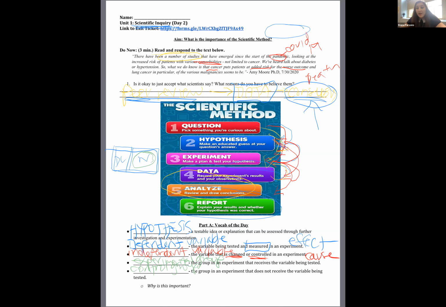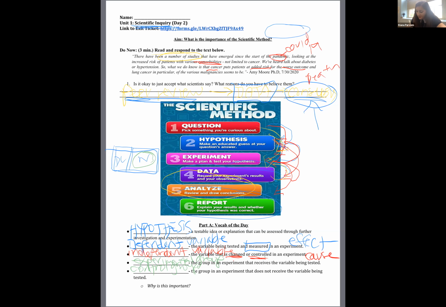Well, these terms here will be used throughout our year in living environment to describe many different scientific experiments, and you will be designing and planning your own scientific experiments, especially if we were able to work here together in lab, but even from home, you will be utilizing this terminology, and it's especially critical that you understand the difference between independent and dependent variables. So if you have any questions about that, please feel free to drop them in the comments below and respond to your peers, and you can also ask them in the Zoom call tomorrow.